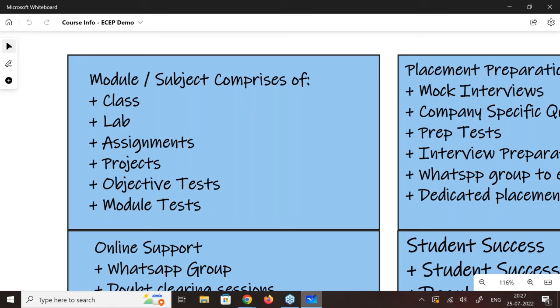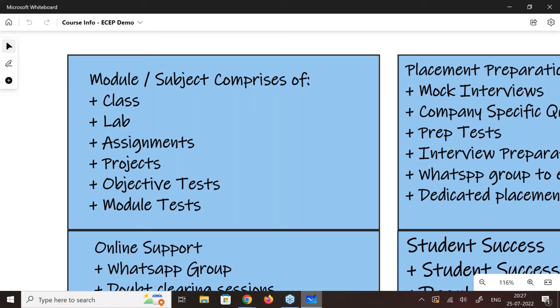Class and lab will be held on a daily basis, 6 days a week. There are small differences in timings for regular batches and evening batches, which I think Jaykumar has already shared. When you talk about class, we focus mostly on imparting conceptual understanding, and we'll help you understand the concepts in a practical way.